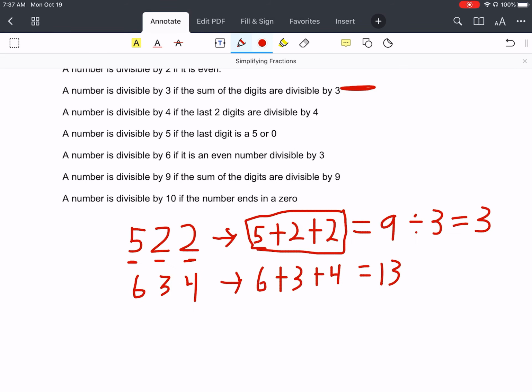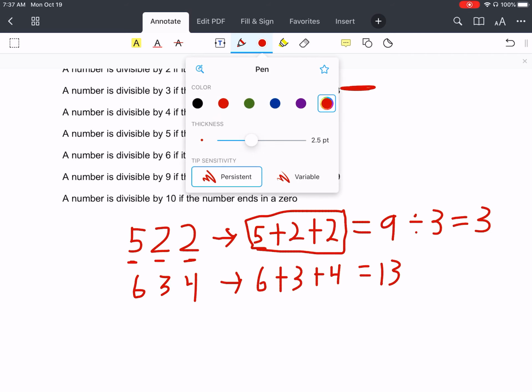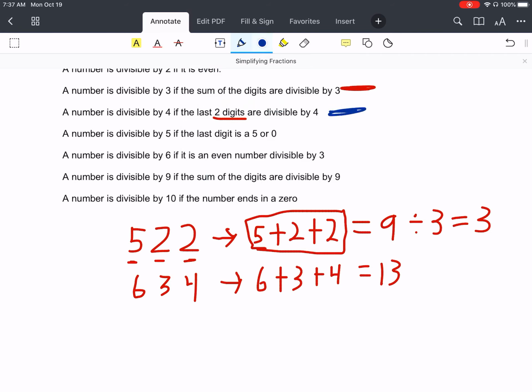A number is divisible by 4 if the last two digits are divisible by 4. So what that is saying? If we have a number like 22,316, we only need to focus on the last two digits.